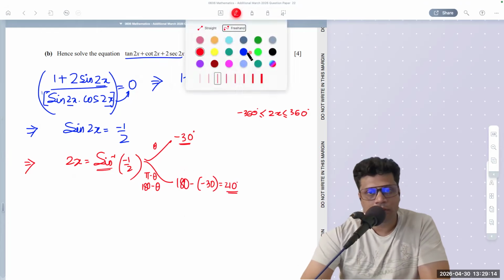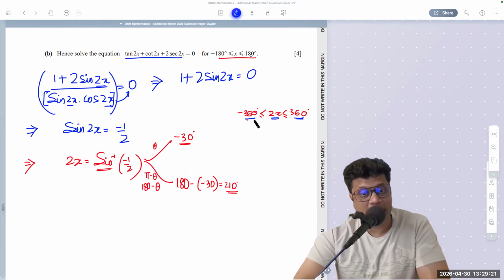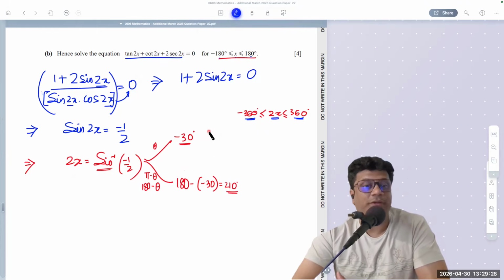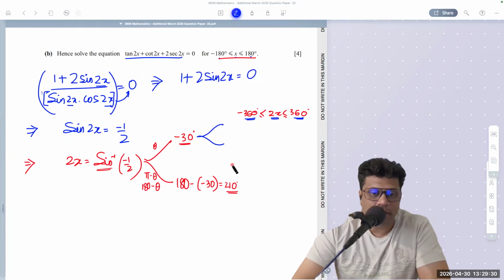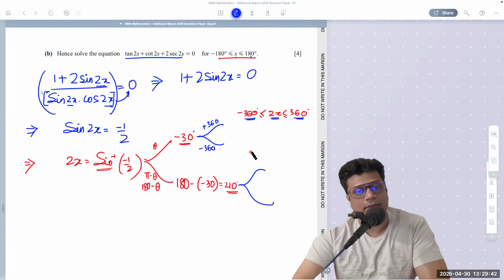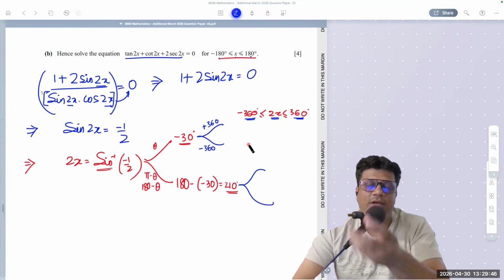Now, well, 2x can be as large as 360 and as small as negative 360. Well, I can go look for more possibilities. How do I do that? Well, from the basic angles that I got, I'm going to get the other possibilities. How? I'll add a 360 and I'll subtract a 360, literally rotating the angle by a 360 to make it come back to itself.